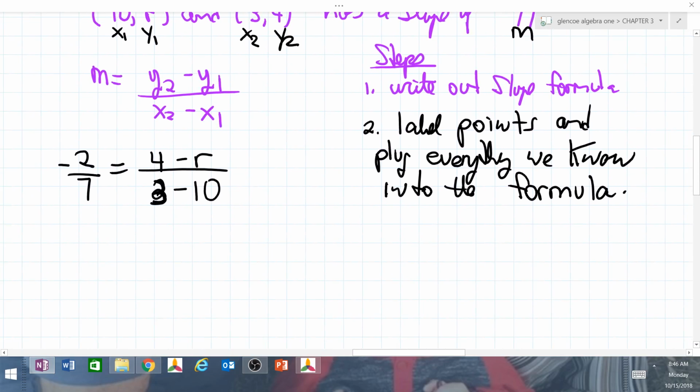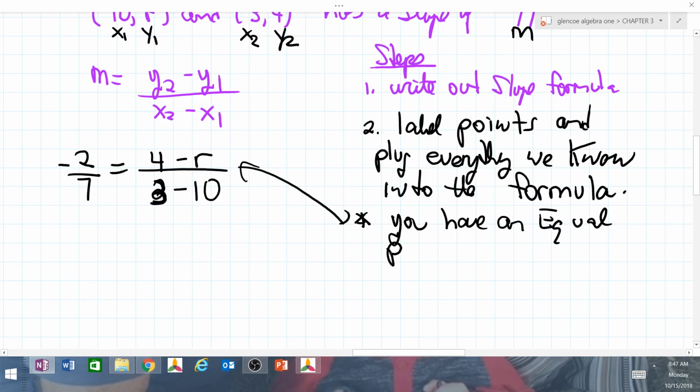So now look what we have, guys. We have an equal proportion. So we can do what to solve it? So we cross multiply.